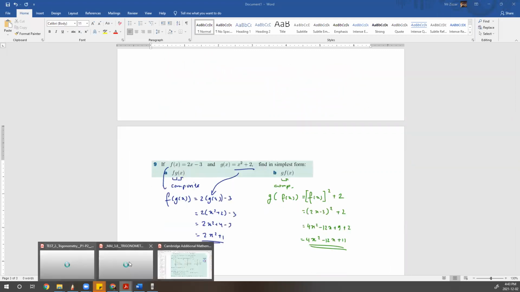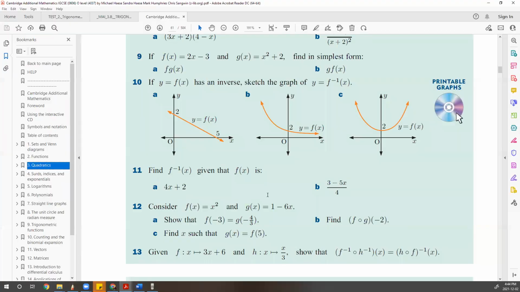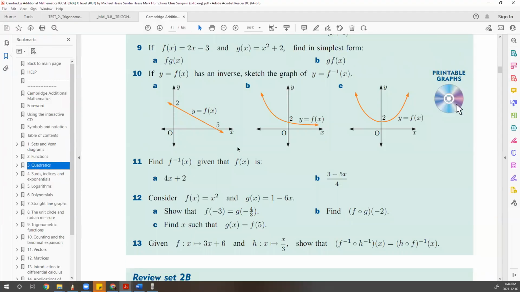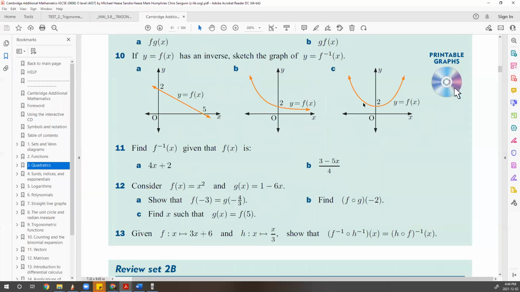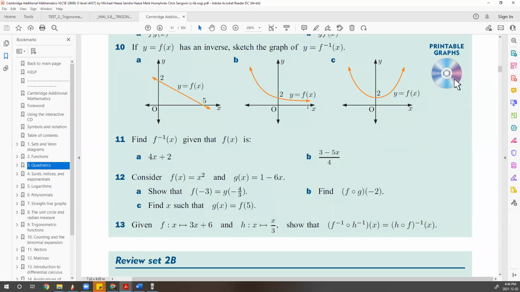So next, how do we deal with the inverse? Inverse is you change the x by y and y by x. So for number 10, as simple as this, you reflect the curve or line by x equals y.